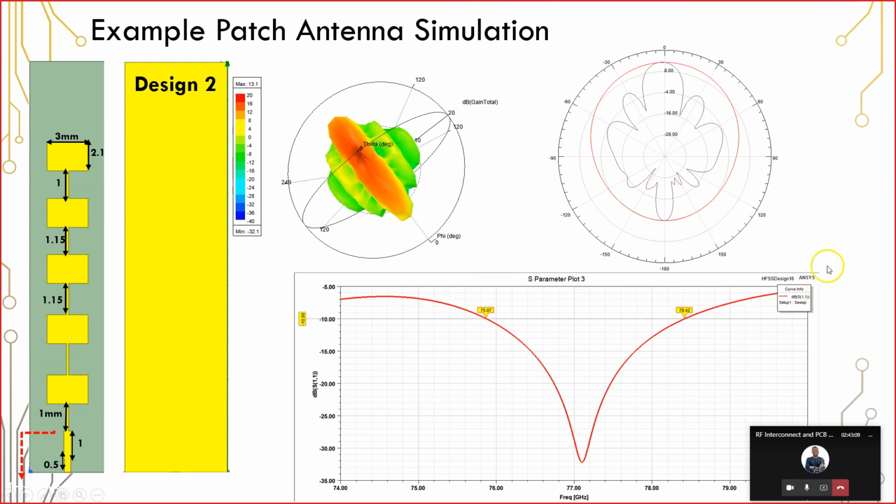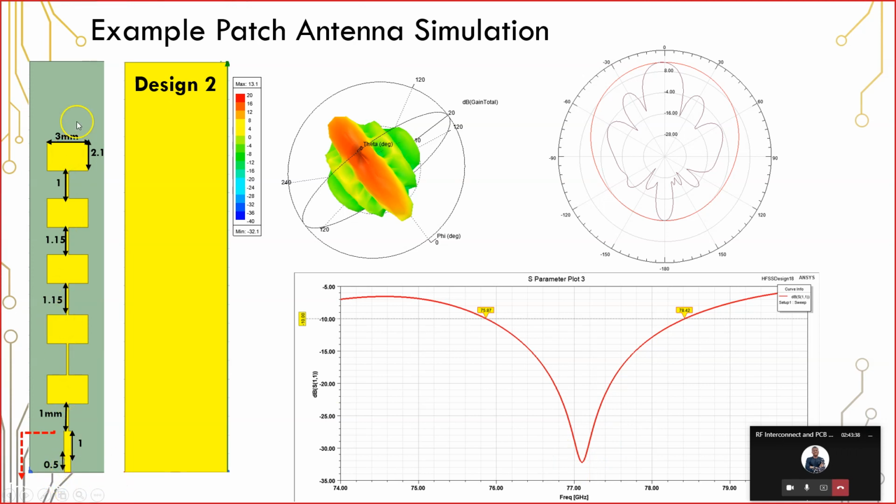You can see here it says ANSYS right here, but this particular example is showing the return loss, so the S11 S parameter, looking into this antenna from this port here, the lower left portion of the screen where the antenna begins, that's our input. And then you see we have very strong matching at this desired frequency range. So we have very good matching, which means there's very little reflection off of the input port of this antenna.